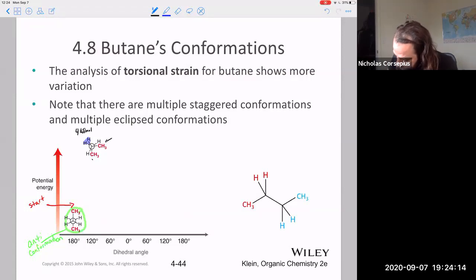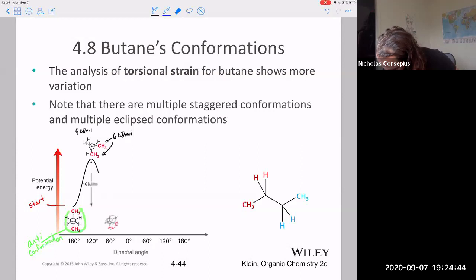And the penalty for each methyl hydrogen eclipsed was 6 kilojoules per mole. And I've got 2 of those. Okay, so that means that as I rotate this molecule, the energy increases to a total of 16 kilojoules per mole over my anti conformation.